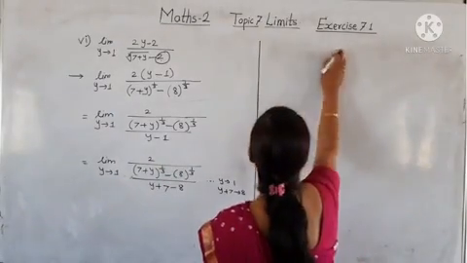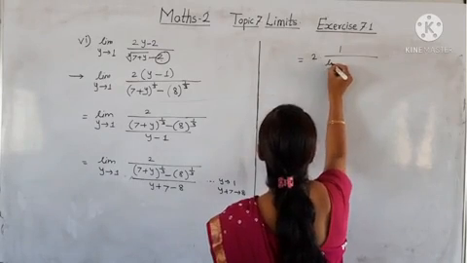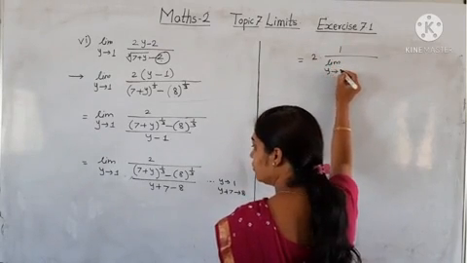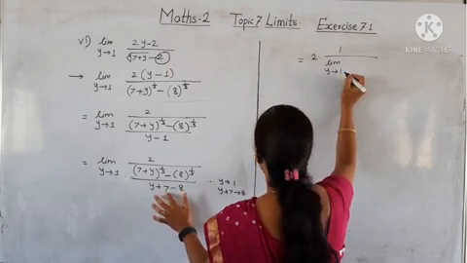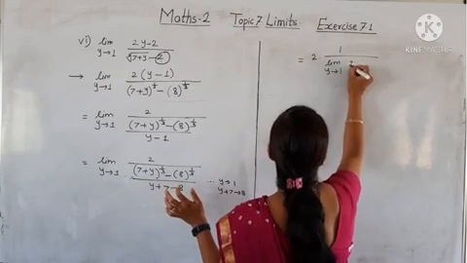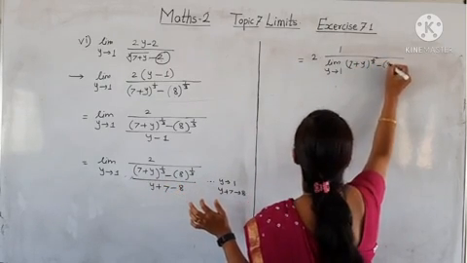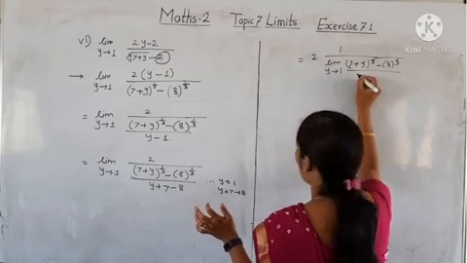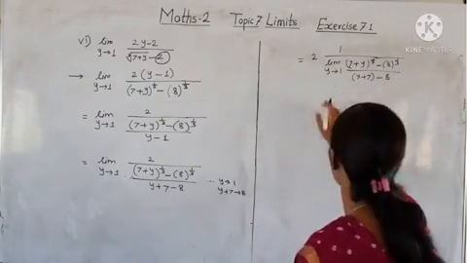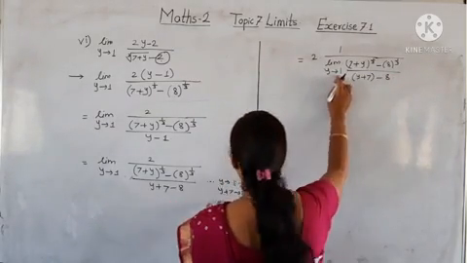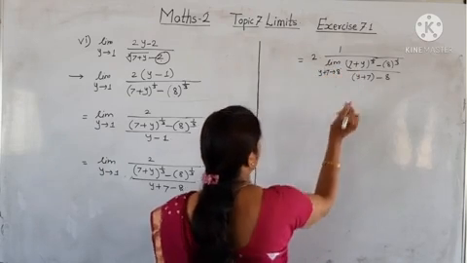Here take the constant 2 outside into 1 upon limit y tends to 1, or y plus 7 tends to 8, (7 plus y) raised to 1 upon 3 minus 8 raised to 1 upon 3 upon y plus 7 minus 8. So here you apply limit. This limit changes to y plus 7 tends to 8.